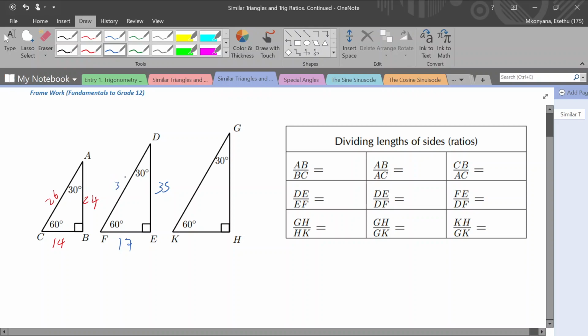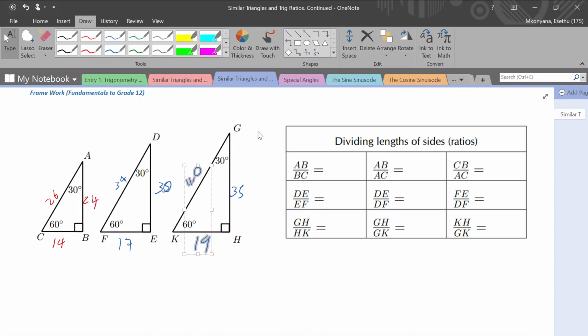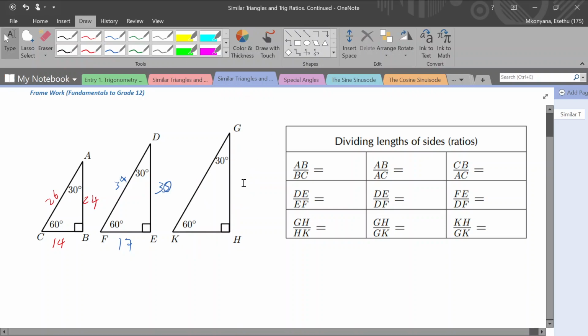Sorry, that can't be 35 and this be 34. I got 30 here. And on this side I got 40, 35, and 19. Let me use different colors to make this look appealing. Let's take green here: we have 19, 35, and 40.